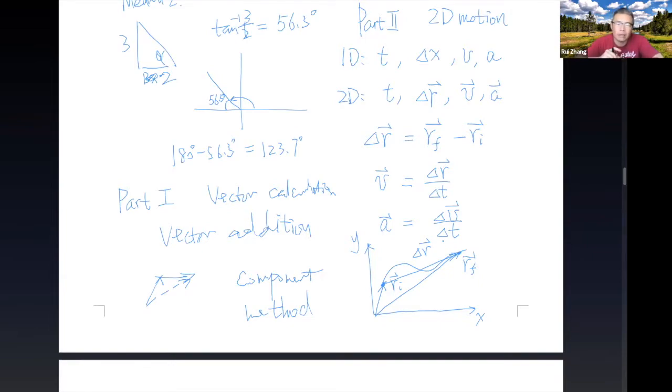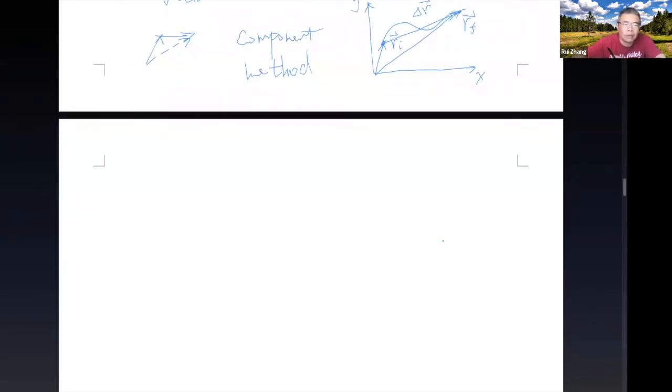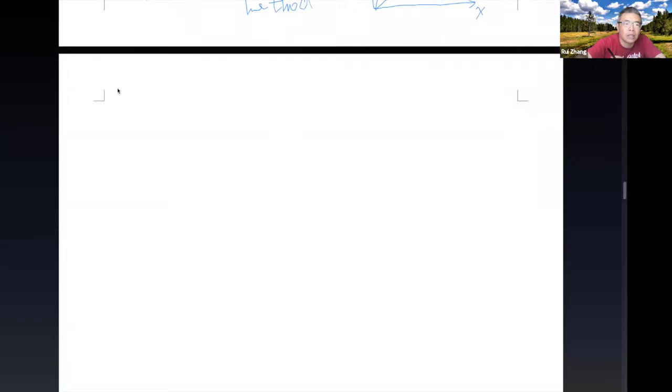But it turns out that it's a little more complicated, but not too much. The key idea in considering two-dimensional motion is to use the component method.